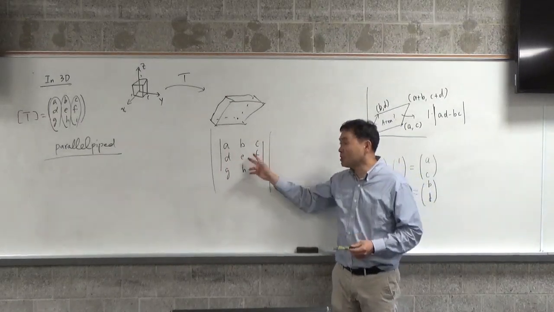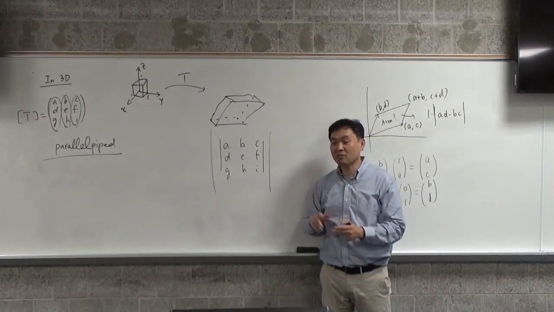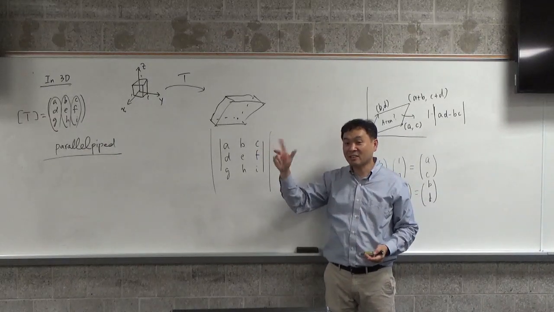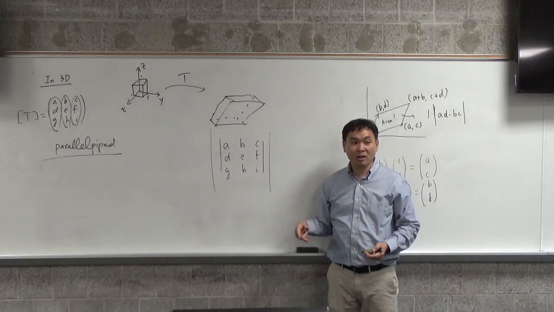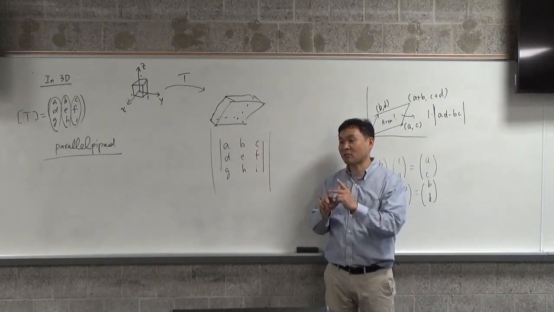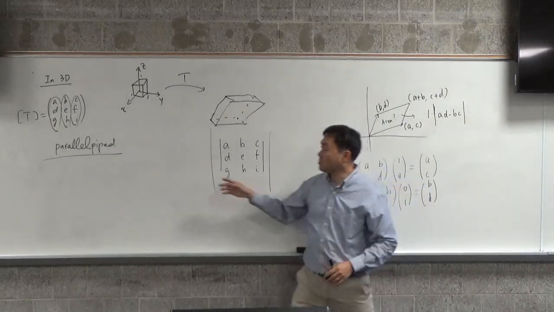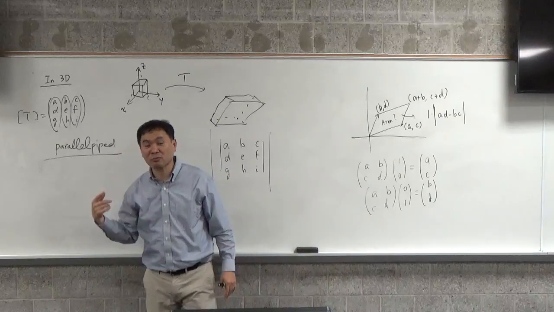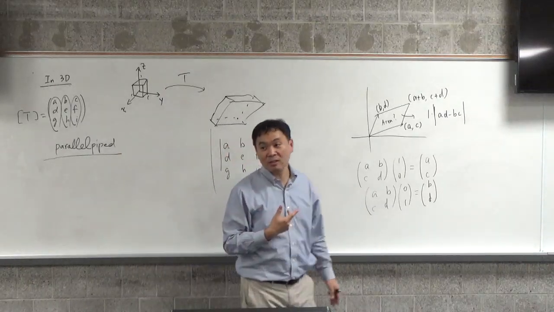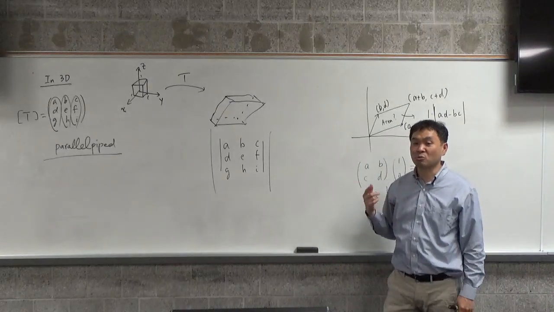And with three vectors, again, there's right-handed or left-handed. If the determinant is positive, right-handedness will be preserved. If it's negative, right-handed turns to left-handed, or vice versa. So if this determinant is positive, we call the transformation orientation preserving. If it's negative, the transformation is orientation reversing.